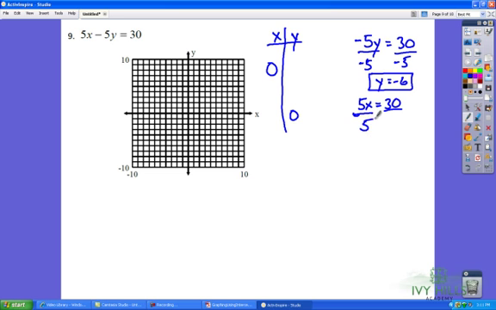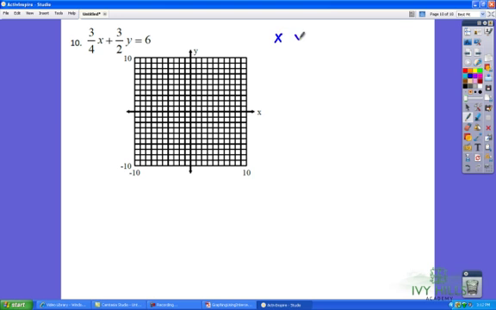Dividing both sides by 5, I will have an x value of 6. So y value of negative 6, x value of 6. 0, negative 6 can be found right here, and 6, 0 can be found right here. So graphing the line through those 2 intercepts, this is the line for the equation 5x minus 5y equals 30.